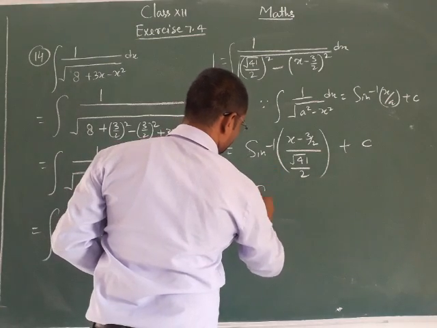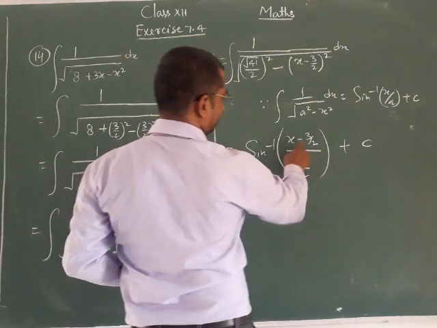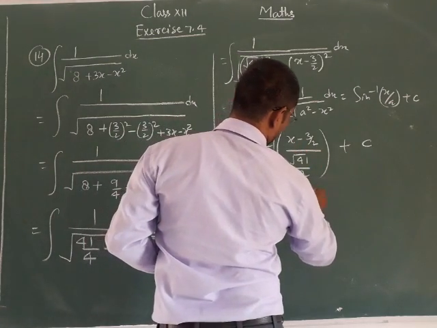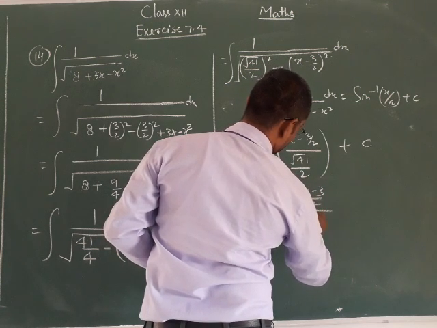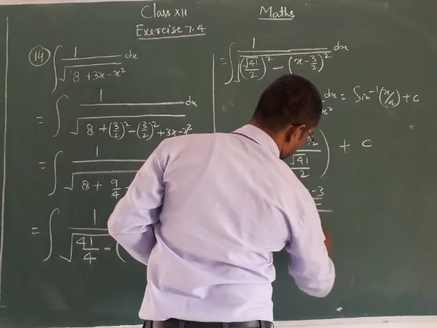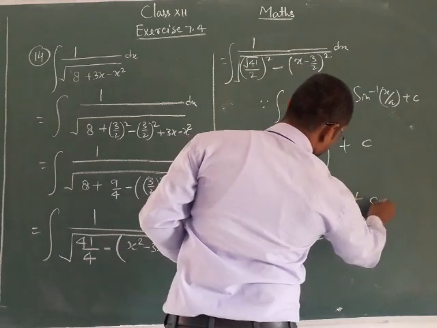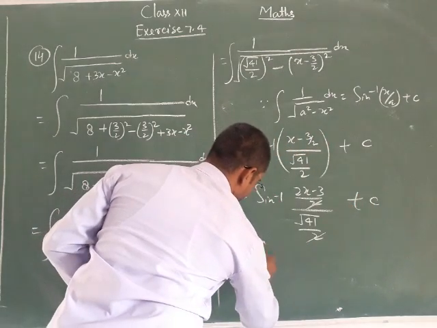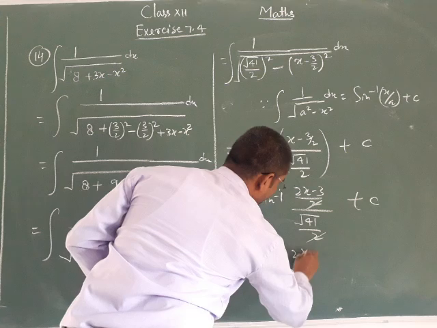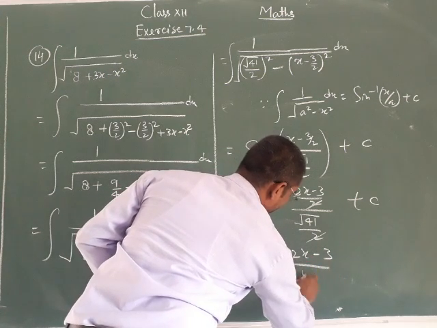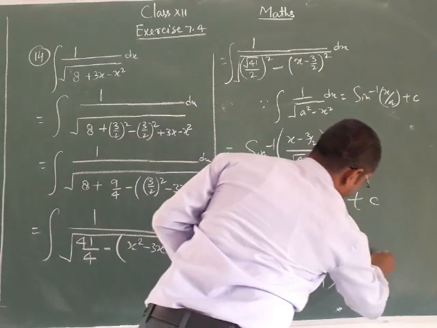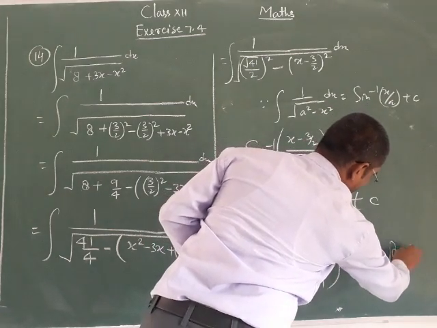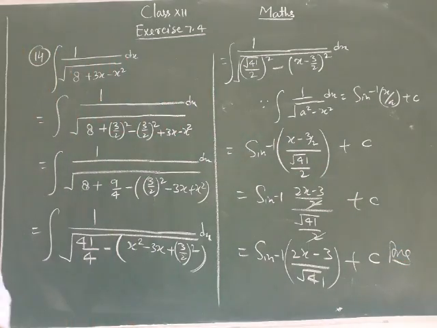So sine inverse, taking LCM, 2x minus 3 upon 2 upon root 41 upon 2, cancel out. We get sine inverse 2x minus 3 upon root 41 and plus c. This is the answer.